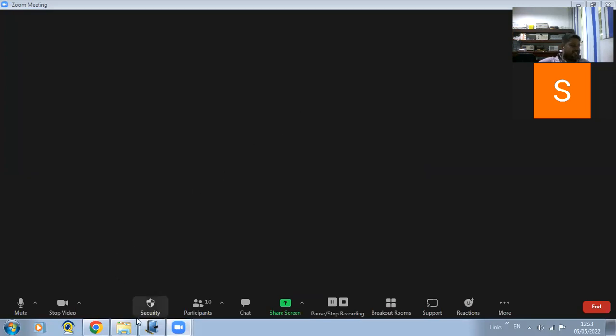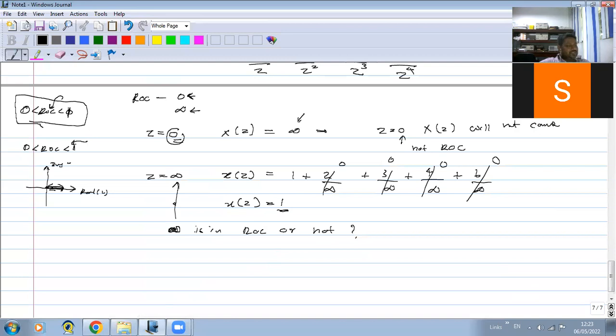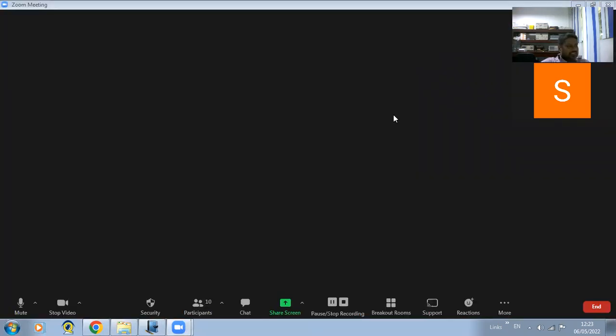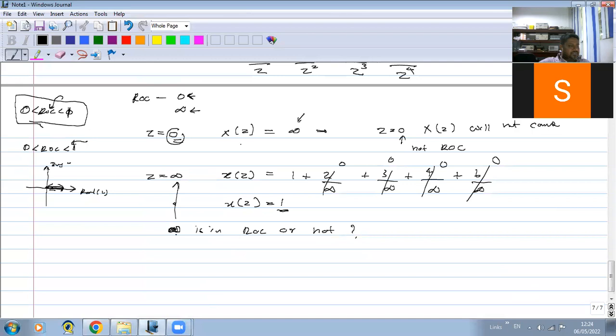Yes, very good. Actually, this infinity is in the ROC. You can see that when z is equal to infinity, X(z) gets the finite value 1.